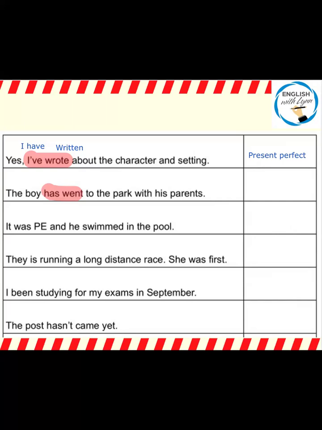If you've got has, you don't need a past tense verb, you need a past participle. And you would say he has gone, not he has went. Okay, so this part here, we need to change the went to gone. And this again is the present perfect.